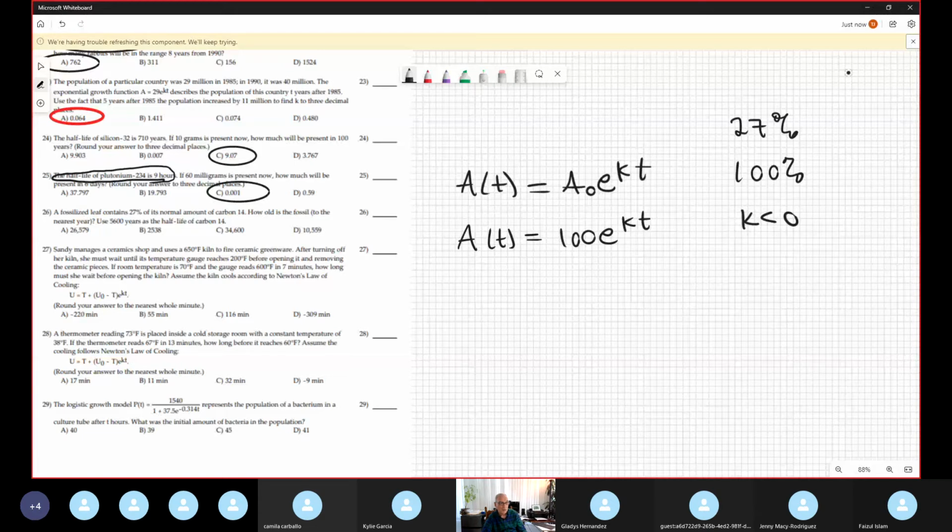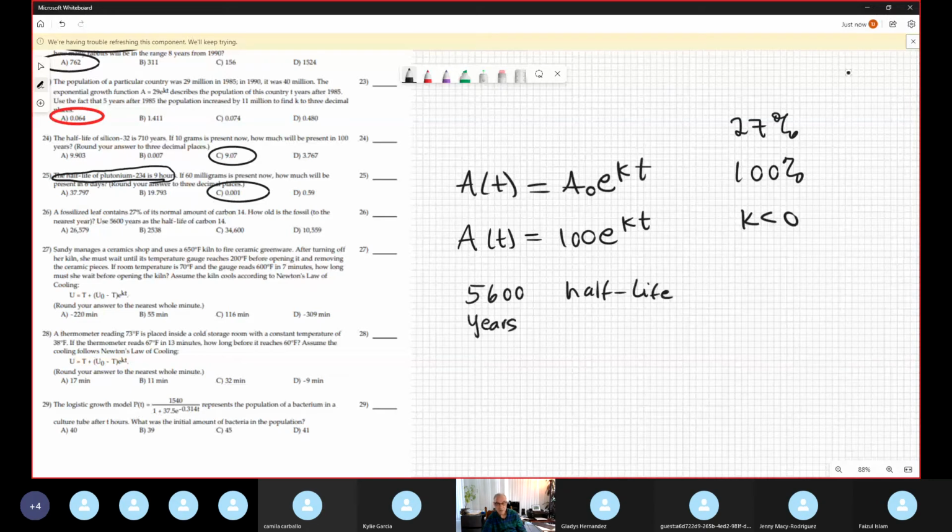How old is the fossil to the nearest year, using 5600? Wow. 5600 represents the half-life. Of course, years. We are talking about years.